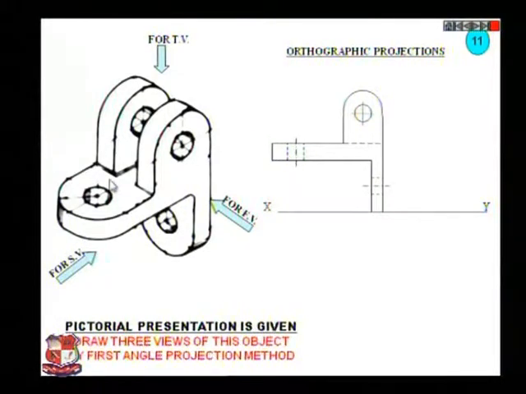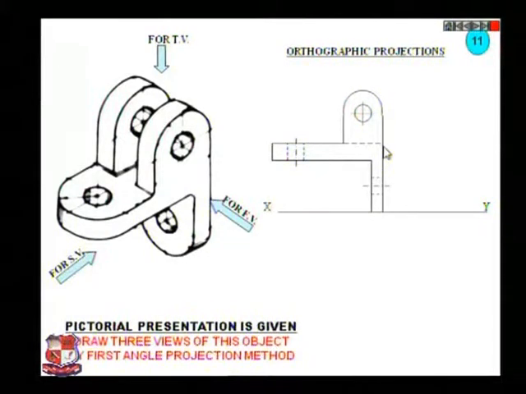Here a circular hole is there, so that is to be represented by this center line and two dotted lines drawn at a distance of the diameter of this hole. In the front view, this hole will appear as a circle, which is represented over here, and this edge from here to here is not visible in the front view, hence a dotted line is drawn from this end to this end.